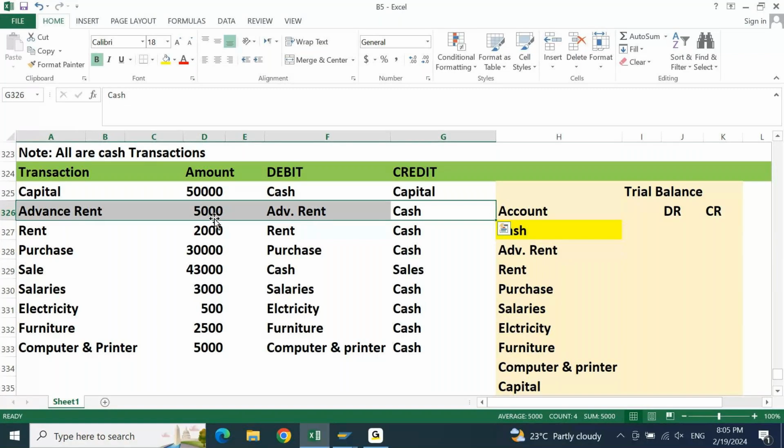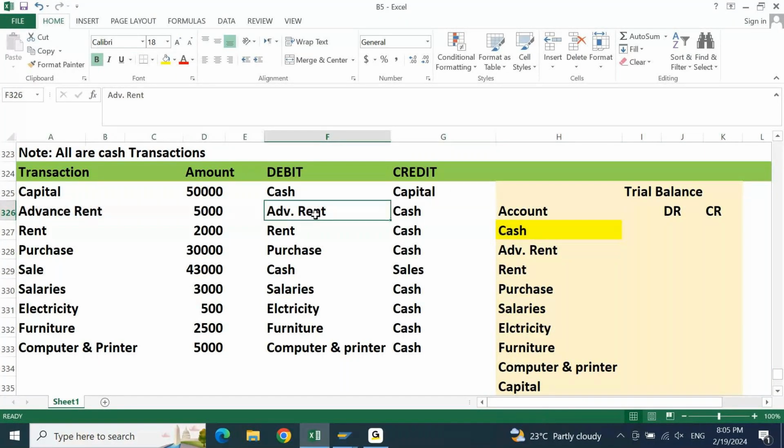For this particular transaction, debit and credit will share the amount equally. We are all aware, whenever you write an accounting entry, debit and credit, you are going to put the same amount. Debit 5,000, credit 5,000. I am going to take this 5,000 on the debit side against this advance rent.